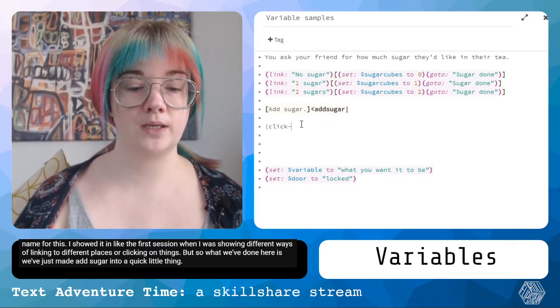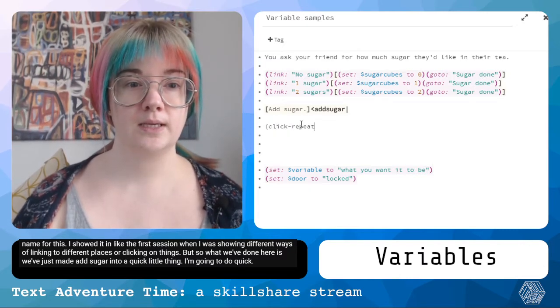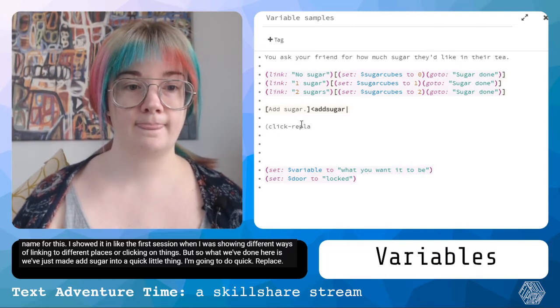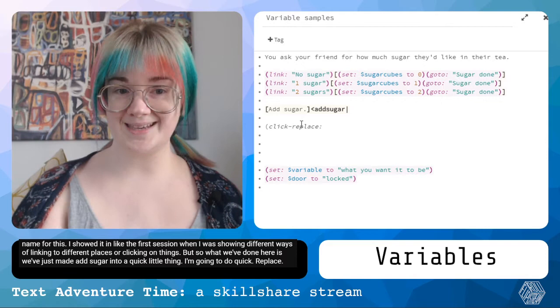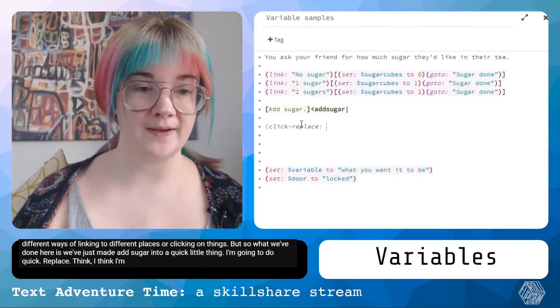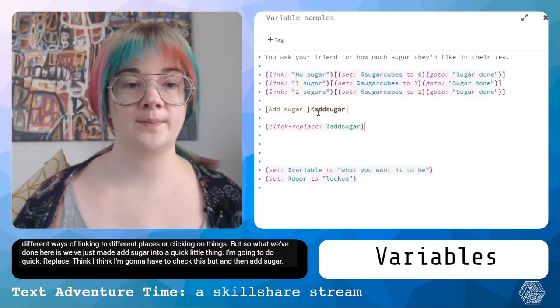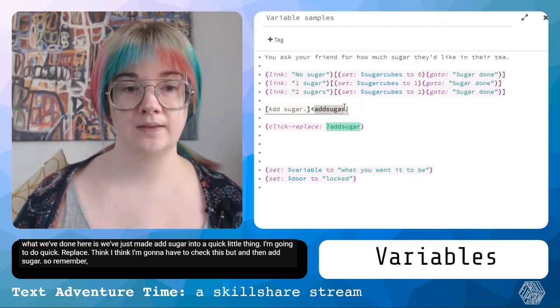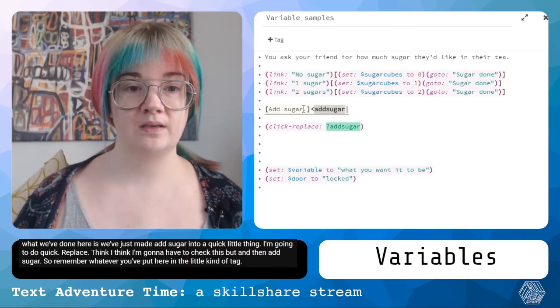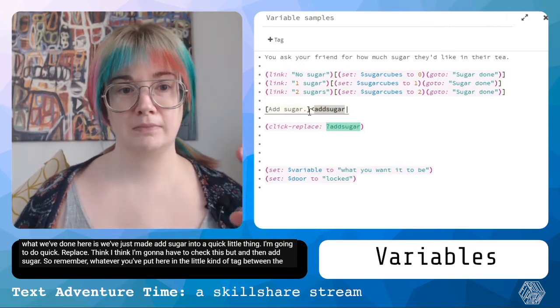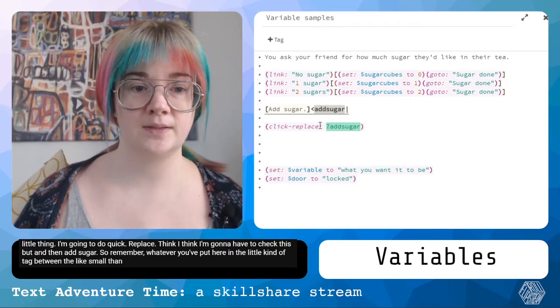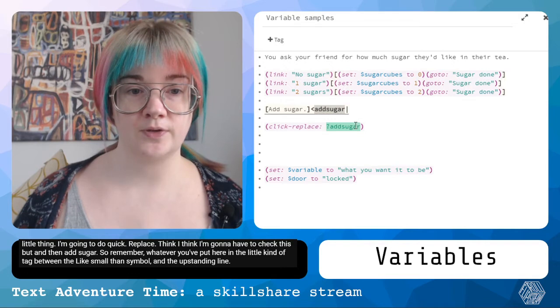I'm going to do click replace. I think I'm gonna have to check this, but and then add sugar. So remember, whatever you've put here in the tag between the smaller than symbol and the upstanding line is what you're going to want it to be here.